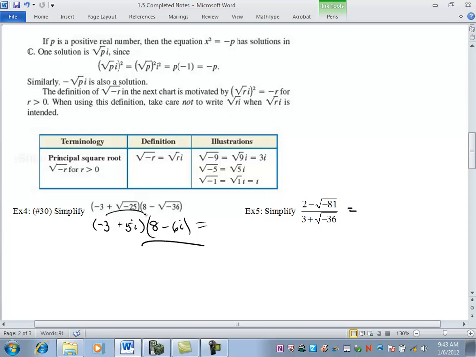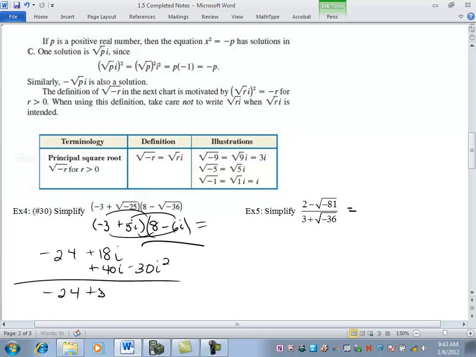And we get ready to multiply here. -24 plus 18i plus 40i minus 30i squared. -24 plus 58i minus 30 times -1.